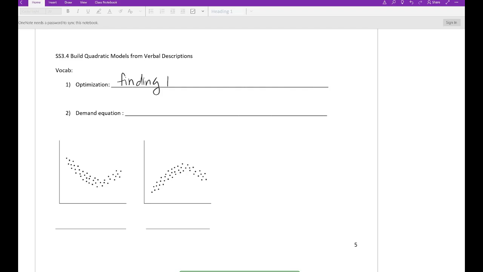Finding the max or minimum values based on models. So whatever models we're working with, we're just gonna find the correct one.